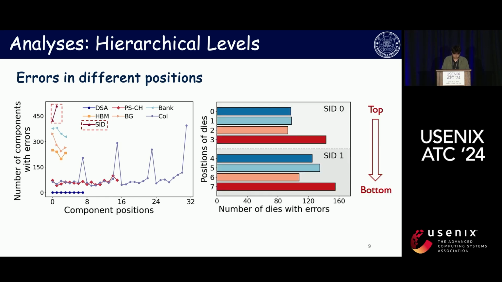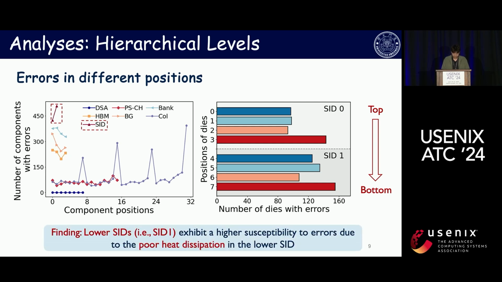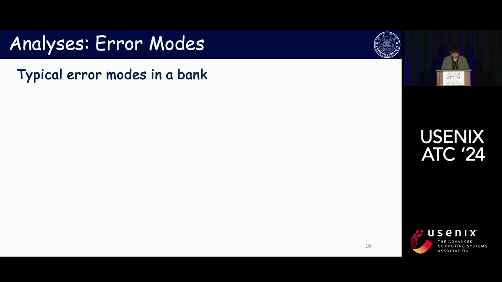Further analysis of each die reveals that the dice in lower SIDs show a higher probability of errors compared to the corresponding dice in higher SIDs. For example, die 4 and die 7 exhibit significantly more errors than die 0 and die 3, respectively. We attribute this increased error rate to poor heat dissipation in the lower SIDs.